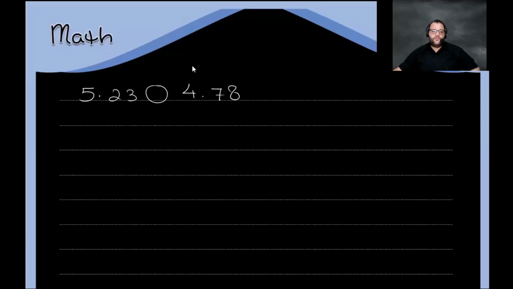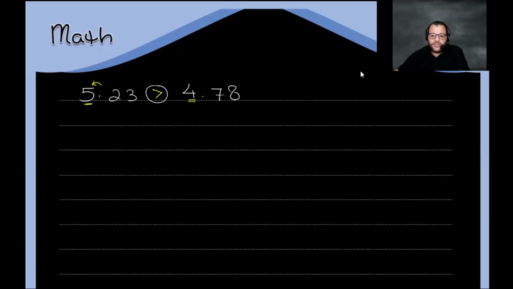The answer is 5.23 is greater than. At first, look at the number before the decimal point. Now we have 5 is greater than 4, so we can say that 5.23 is greater than 4.78.